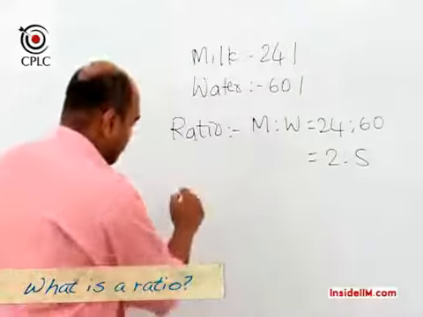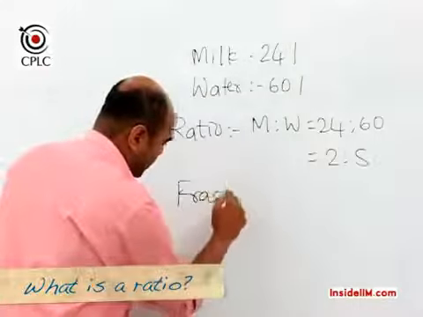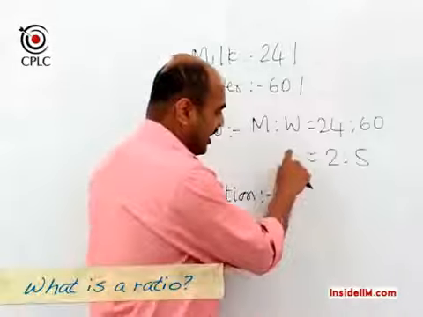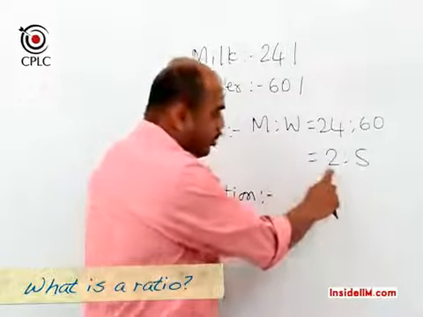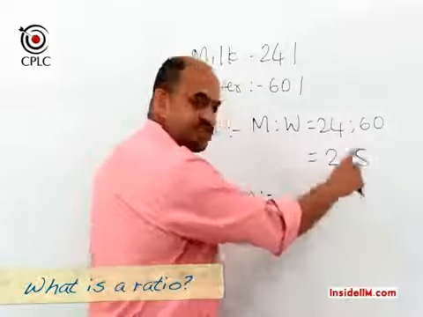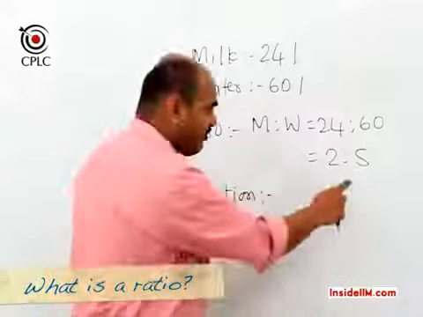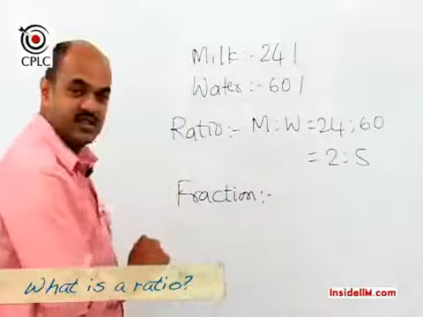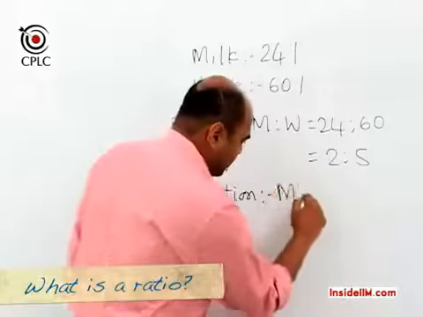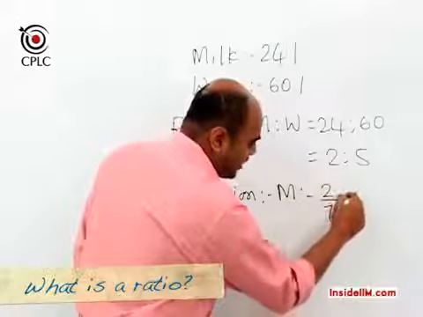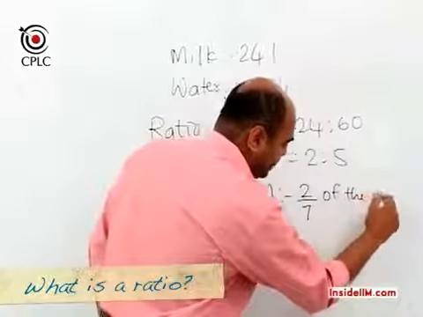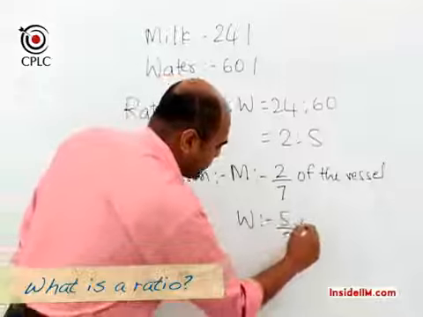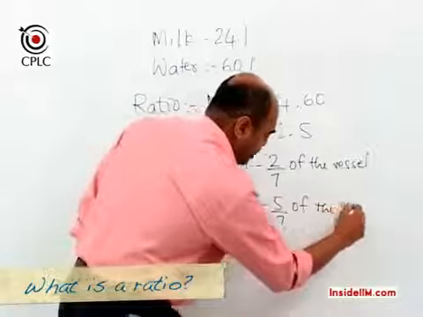But now if I want to understand in terms of a fraction, I know that in this vessel, 2 parts out of a total of 7 parts is milk and 5 parts out of the total of 7 parts is water, and hence as a fraction I would say milk is 2/7 of the vessel, whereas water is 5/7 of the vessel.